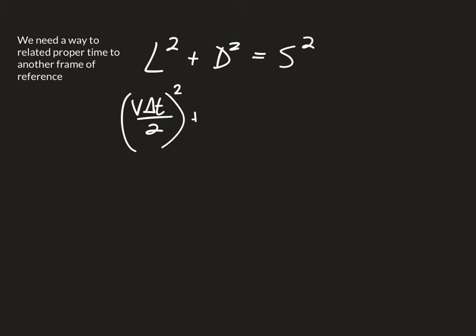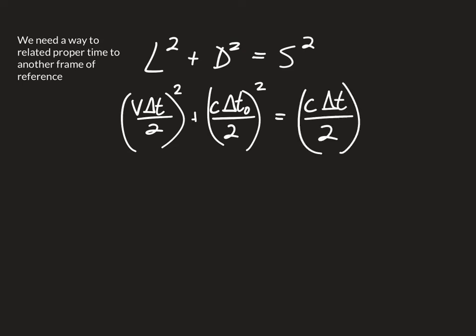The D squared equation will be C delta T naught. It's got that special proper time bit going for it. And then S squared is dealing with the speed of light, and that'll be C delta T over 2 squared. Okay?